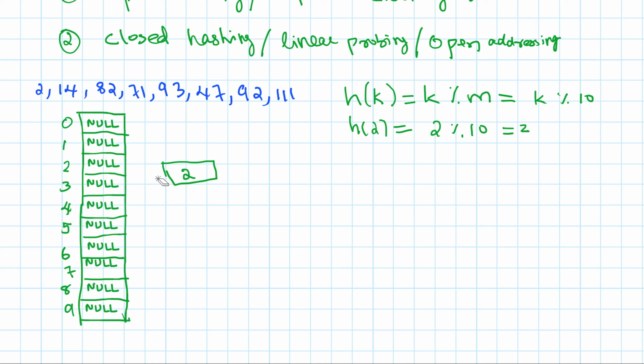So this is 2, so I need to store a pointer to the head. If I create a node with value 2, then I will be storing the pointer, or the address, of that node into this position.